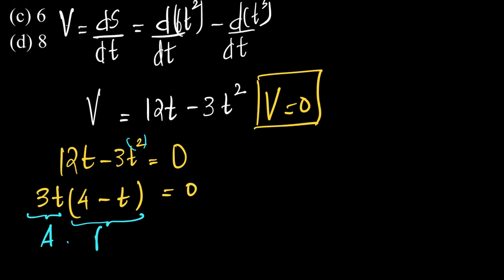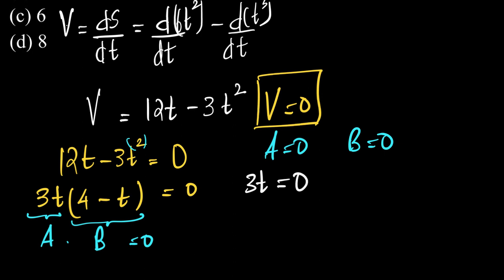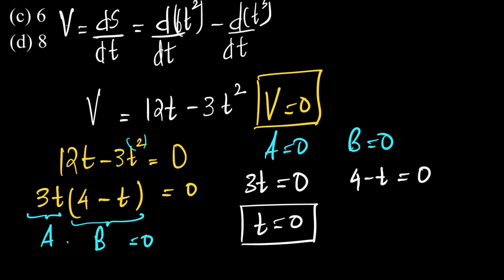Second, when a into b is equal to 0, either a should be equal to 0 or b should be equal to 0, in which case either 3t is equal to 0 or 4 minus t is equal to 0. This is the first case, where the body was at rest, and the second case would be at t equal to 4 seconds.